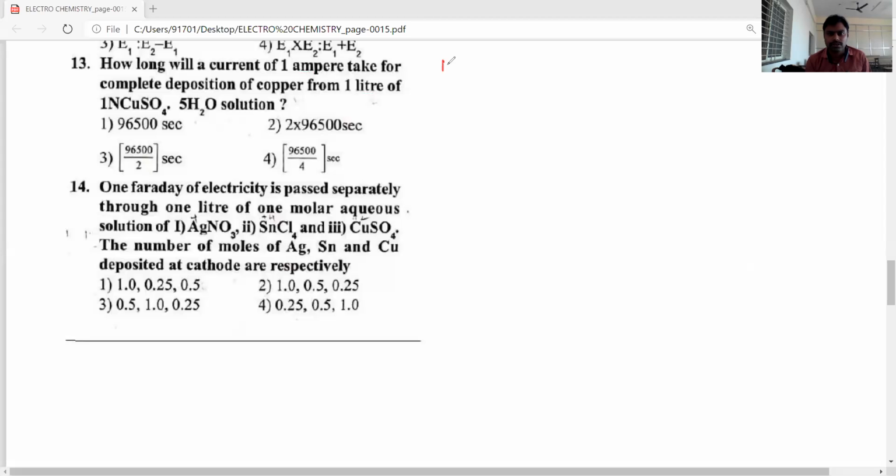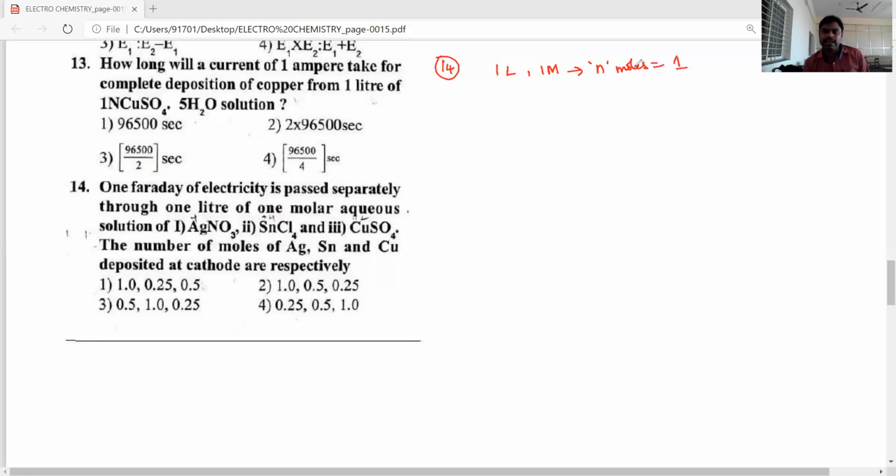14th question. 1 Faraday of electricity is passed through 1 liter of 1 molar solution. 1 liter of 1 molar solution means the number of moles is equal to 1 mole.